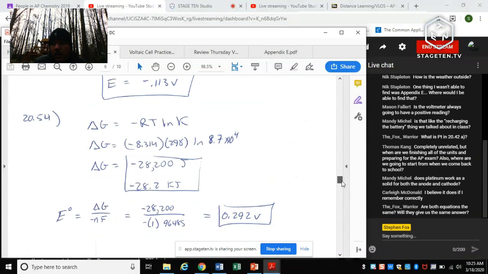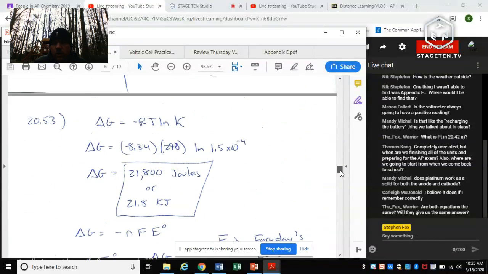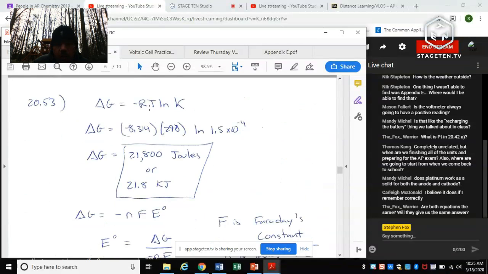Are both equations the same? Well, yeah, if you want to, you can say negative RT natural log of K equals negative NF cell potential.